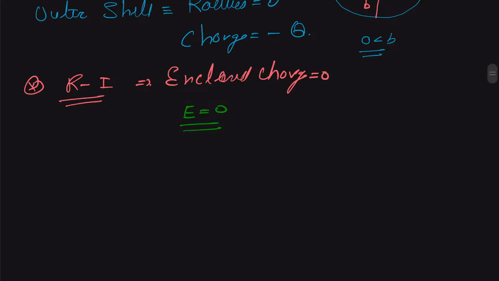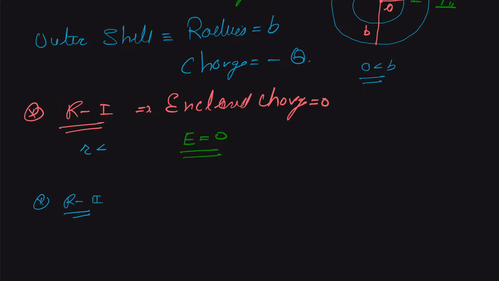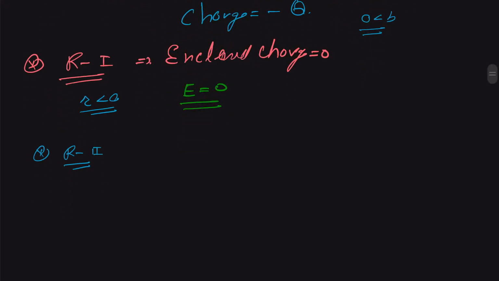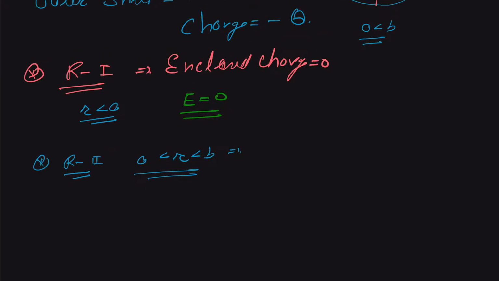Then we come to our region 2. Okay, so region 1 was r less than a, and for region 2 r is greater than a but less than b, and in this case the charge enclosed will be equal to plus q.